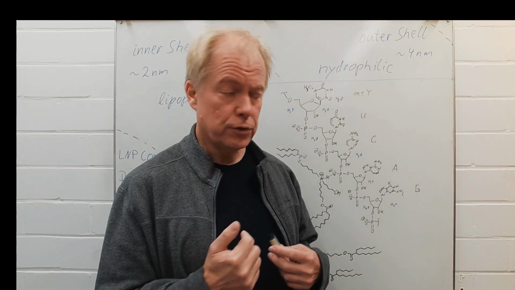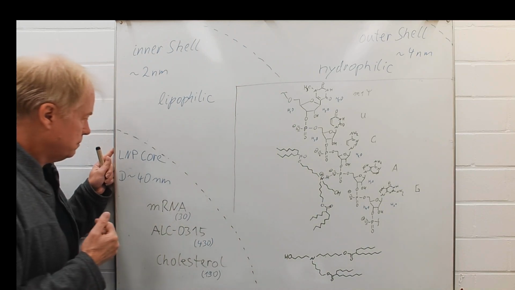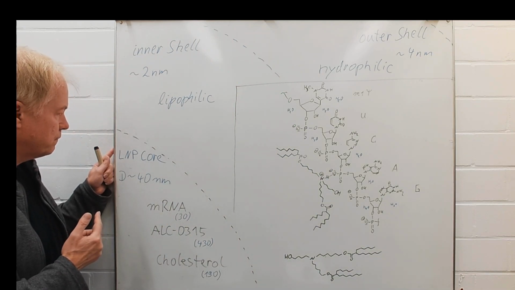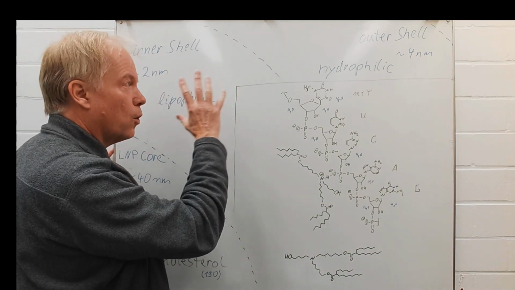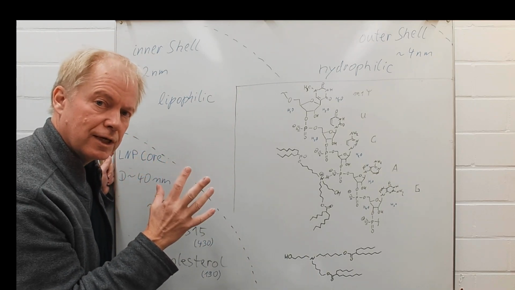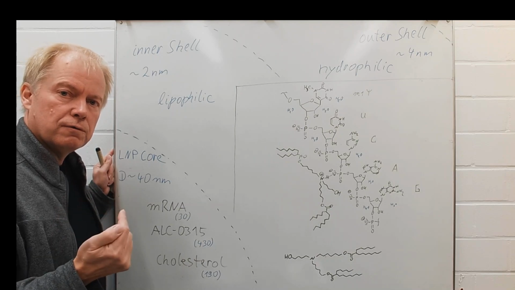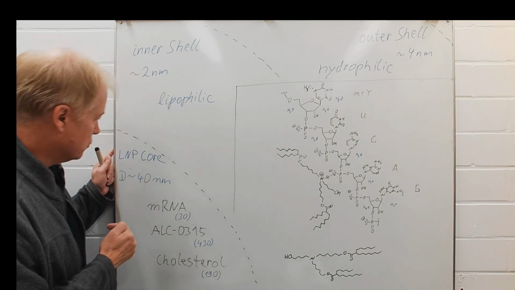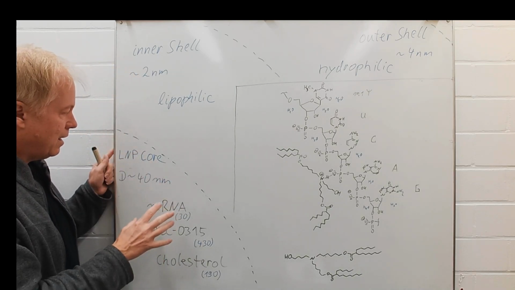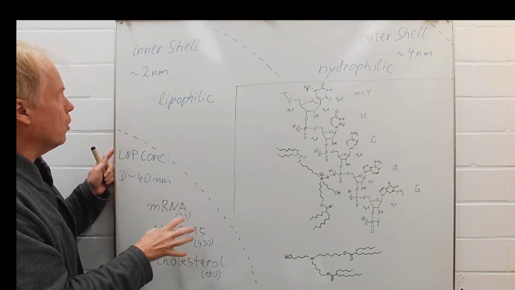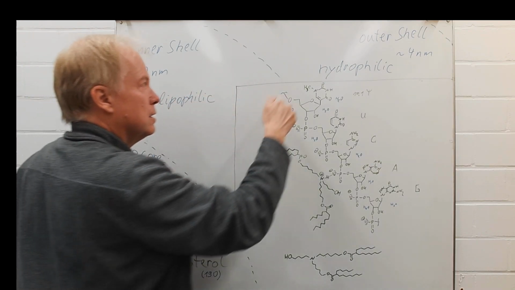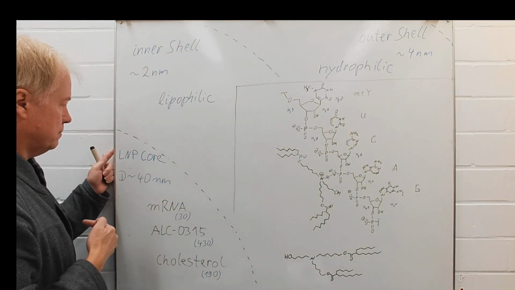In the first video, we discussed the overall structure of those nanoparticles according to the results of Professor Tobias Unruh. Well, what we have is a core, an inner shell, and an outer shell.